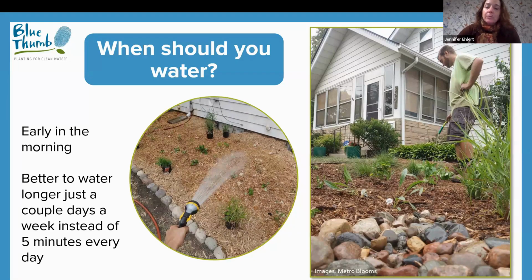You can put a sprinkler on or water by hand. I think it's helpful to use a sprinkler because then you can set a timer and you can know that you're watering for 45 minutes. But you're only going to do it every couple of days or every 3 days to let that moisture go deeper into the soil profile. You're giving it enough moisture so it gets deep in the soil profile, and you're really training those roots to go after that moisture.